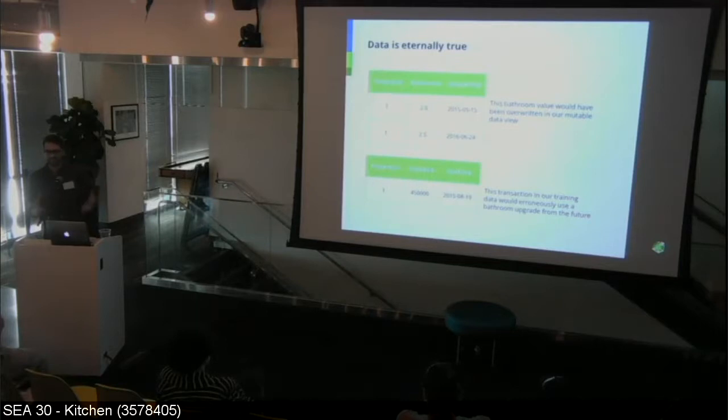But from a data science perspective, if we just have that top table collapsed into 1 row, then we're actually assigning that bathroom count from the future to this transaction in the past. And this could have negative consequences for our training data set. And, obviously this is quite a trivial example, but you can imagine a larger set of attributes that are being confused over time because we're not allowing data to be immutable and eternally true.